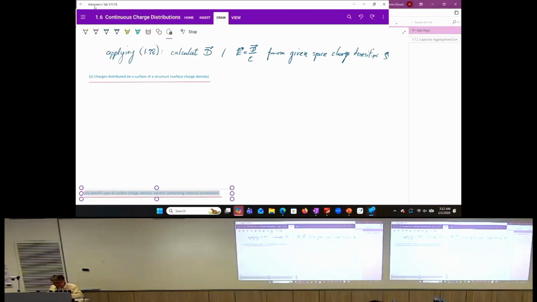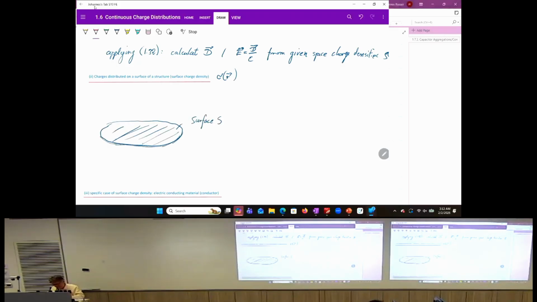Okay. How does it look when we have charges which are distributed on the surface of a structure? Then we are operating with our sigma as a function of r. You could think of having some surface S, and on this surface you have a charge distribution.